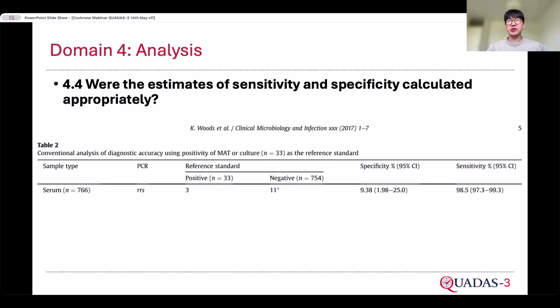And if you also calculate what is now written as specificity, but is actually sensitivity, 3 divided by 33 is 9.1 and not 9.38. So I would generally recommend in any diagnostic accuracy study, if you're willing to extract the reported estimates of sensitivity and specificity, to conduct a small check whether the numbers are actually correct.